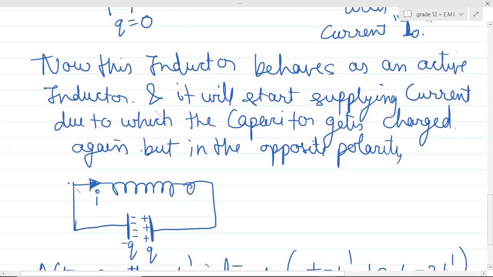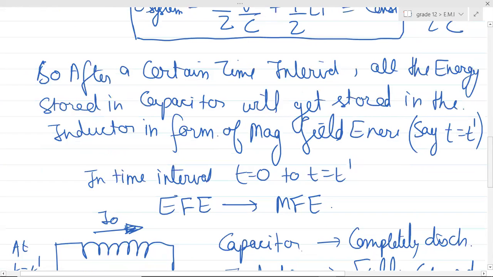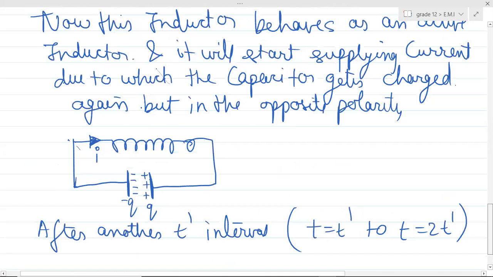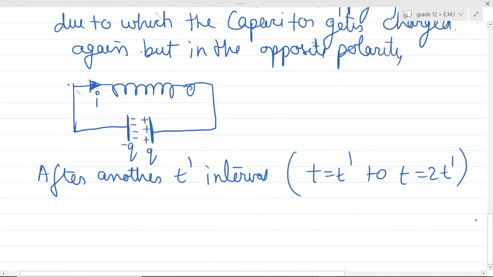You remember t dash? Please remember, it's an oscillation that will be followed with 4 quarter cycles, right? Do you remember, whenever we talk about any cycle, this oscillatory motion?